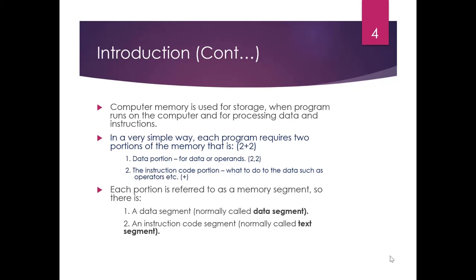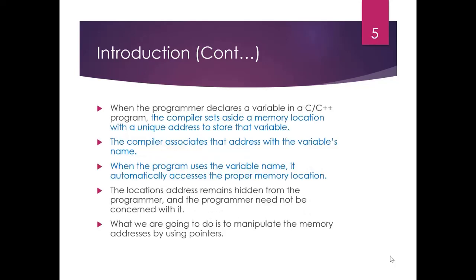The instruction code portion keeps the operators. Each portion is referred to as a memory segment. So there is a data segment, and the instruction code segment, normally called the text segment. There are two segments, the data segment and the instruction code segment.